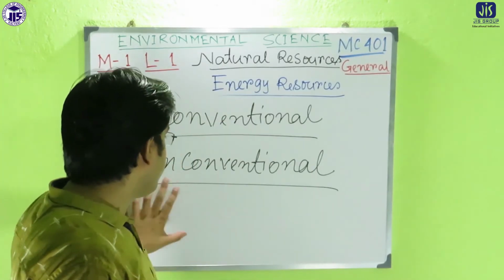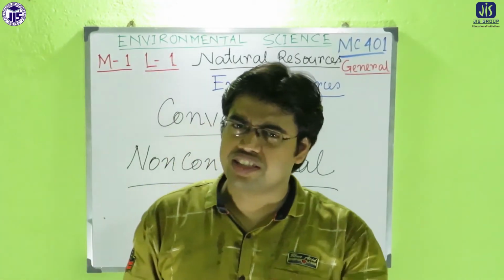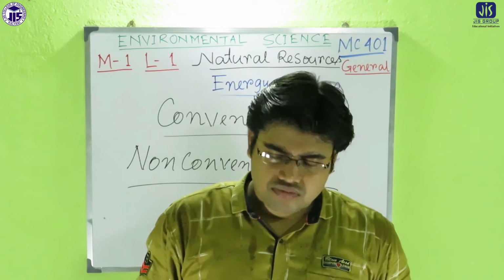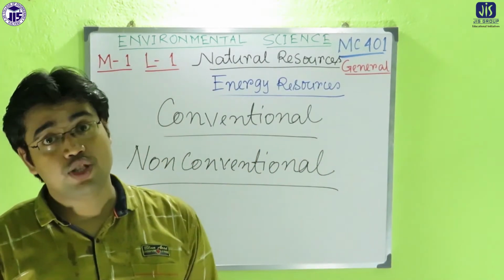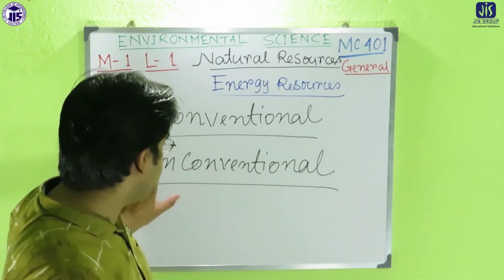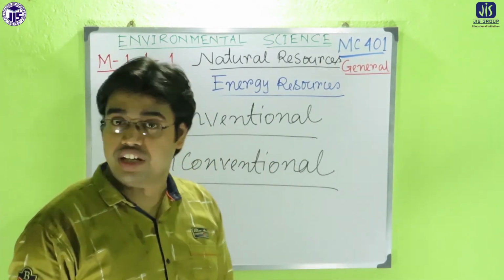That's why it is called the non-conventional source of energy. For example, solar energy and wind energy are the common sources which we should use, but generally they are not used.